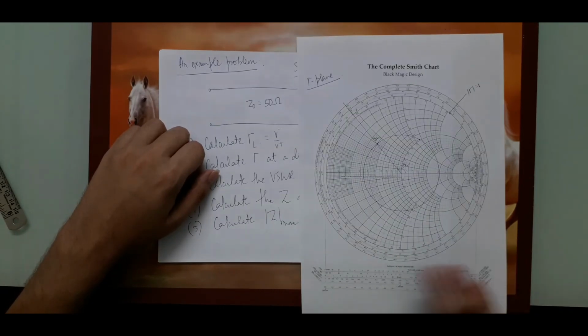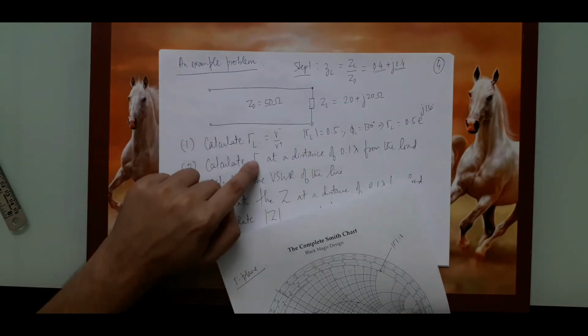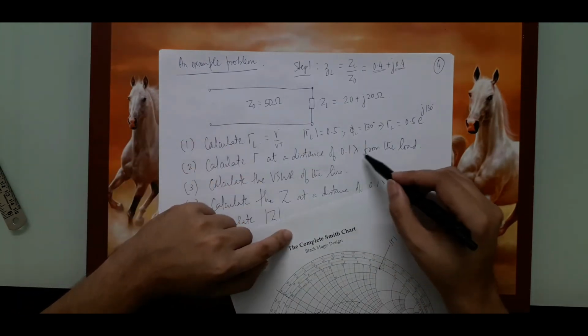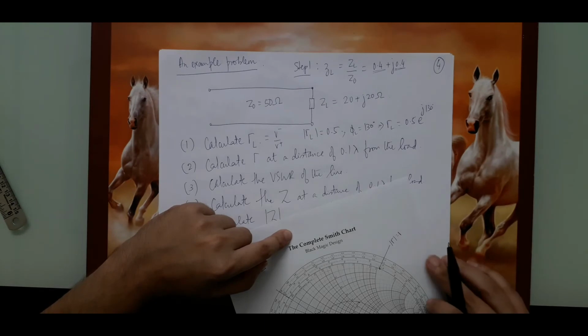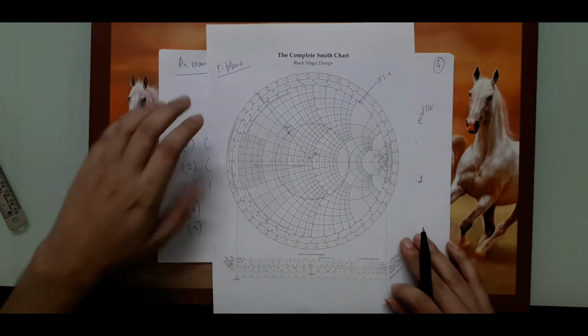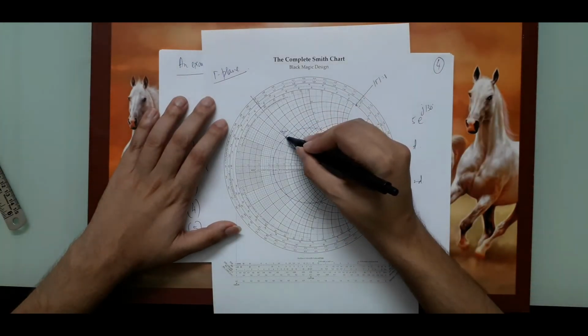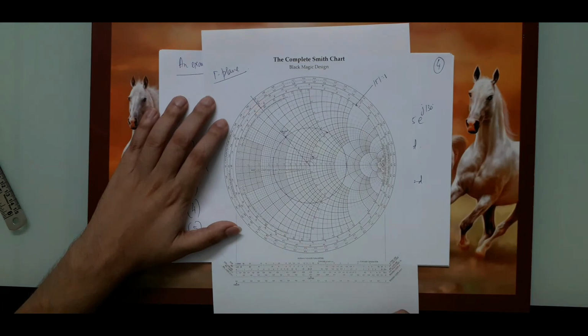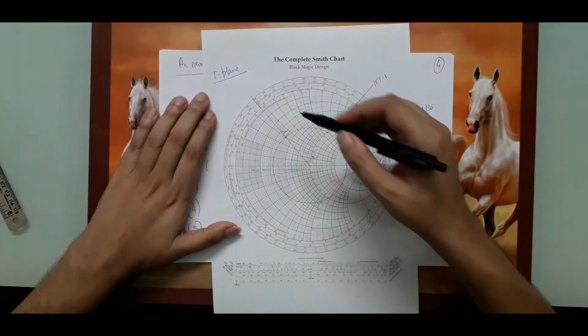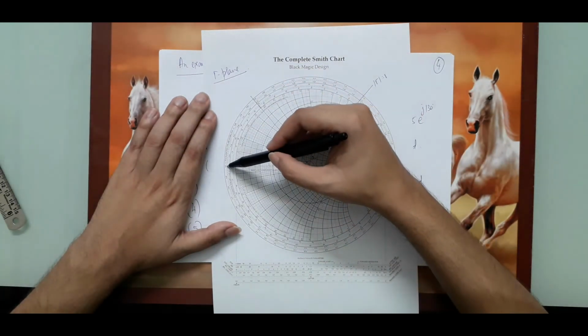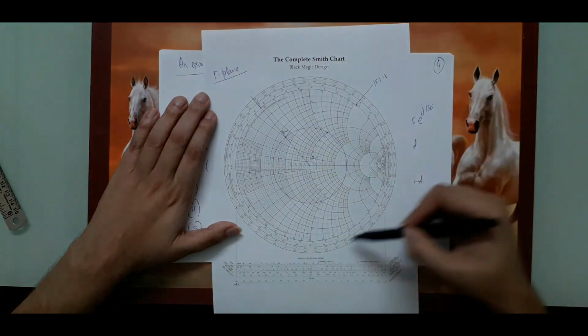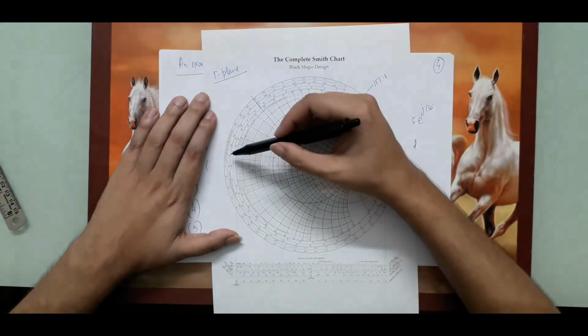Let's do the next part. Calculate gamma at a distance of 0.1 lambda from the load. So now we are at ZL. This is the load. Now if you look at the outermost circles, there are two axes which are labeled.